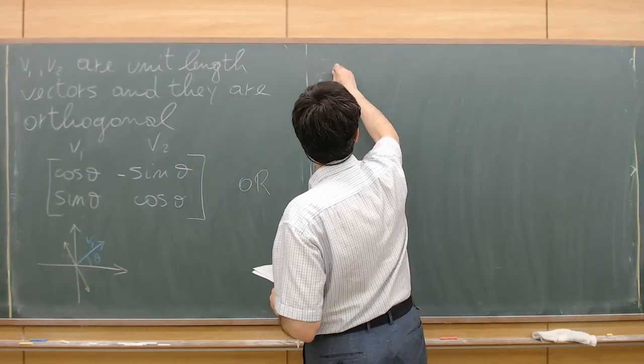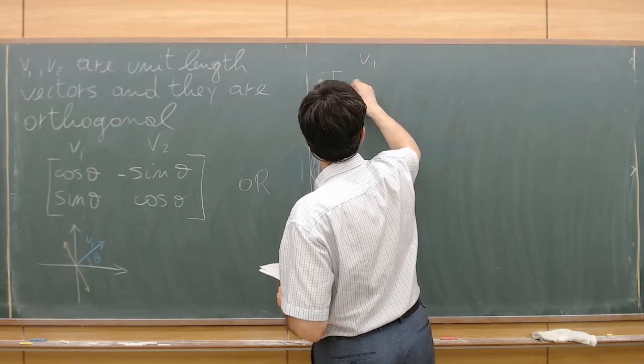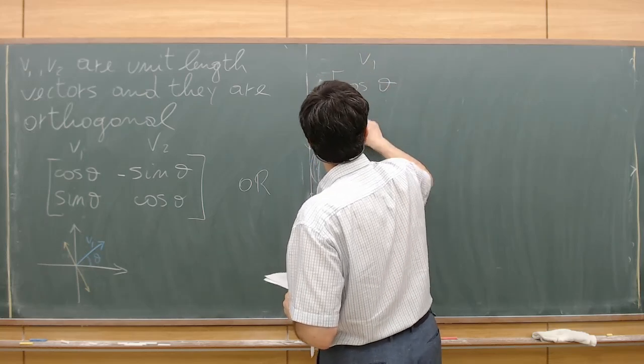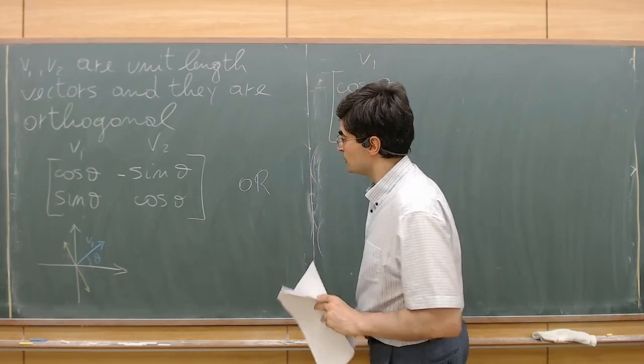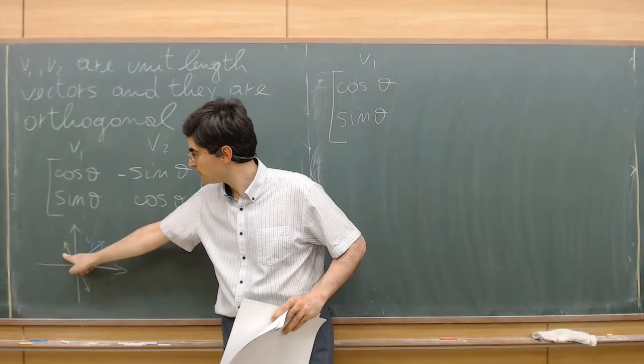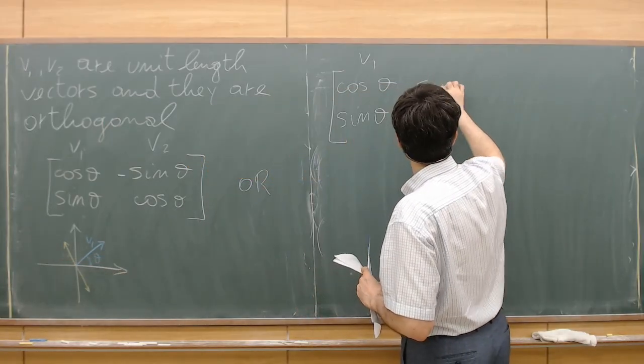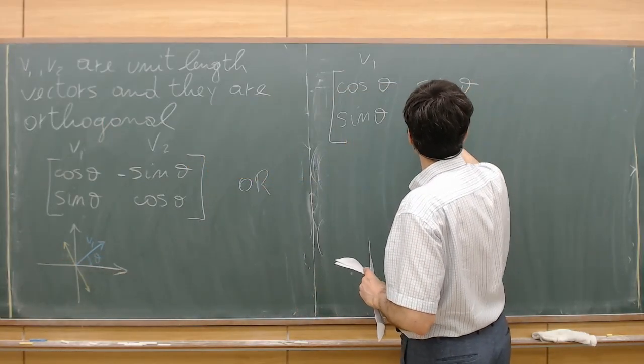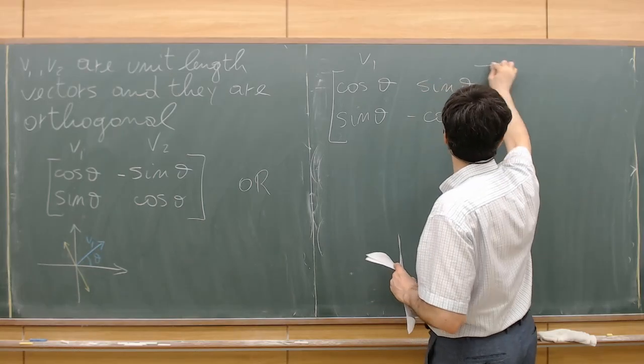And in this case, the matrix will be cosine of theta, sine of theta; the opposite of this vector is sine of theta, minus cosine of theta.